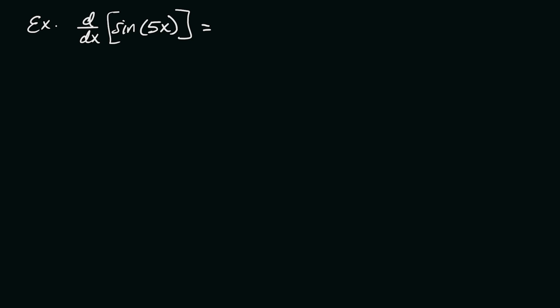Alright, hopefully you paused the video and tried to solve this out. Our f is just equal to sine of blank, and then our g of x, the inner function, is just equal to 5x.